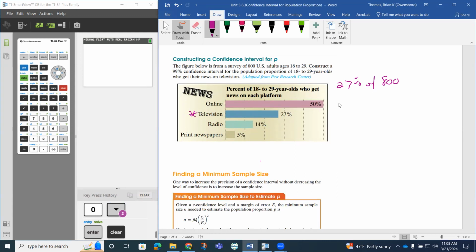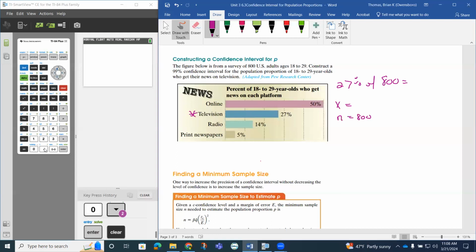So to do the confidence interval, notice how we needed to know the number of successes as well. We know the sample size is 800. But if we do 27% of 800, that tells me how many people get their news on television.